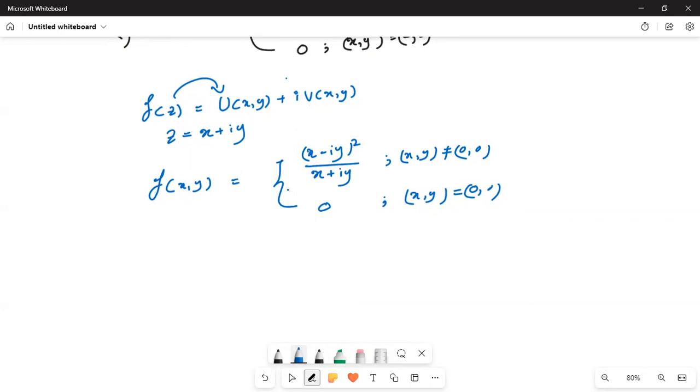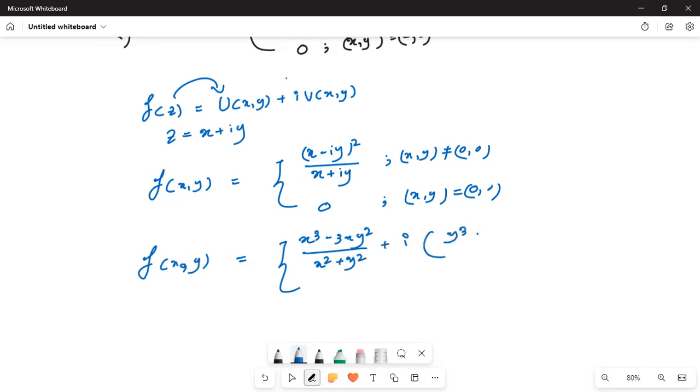It's just a simplification. When we bracket out this term, and multiply both numerator and denominator by the conjugate of the denominator, which means x minus iy, we end up getting (x cubed minus 3xy squared) over (x squared plus y squared), plus i times (y cubed minus 3x squared y) over (x squared plus y squared).